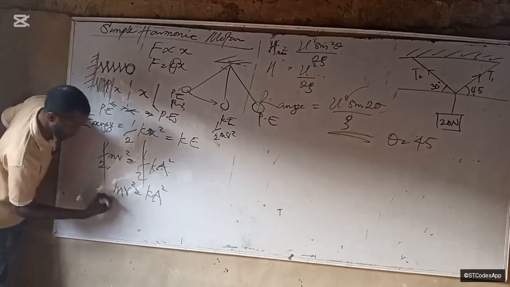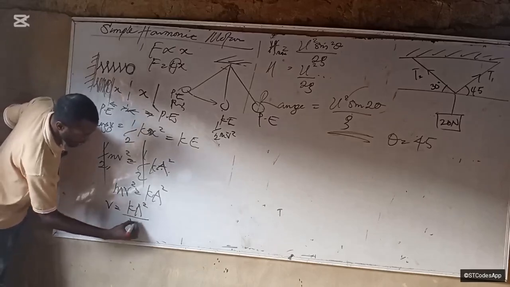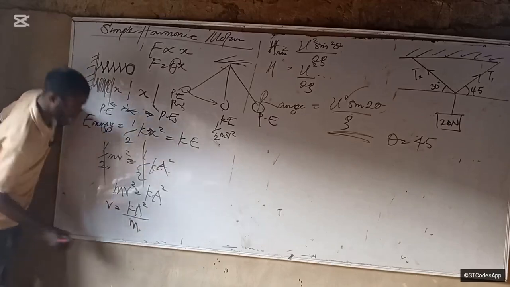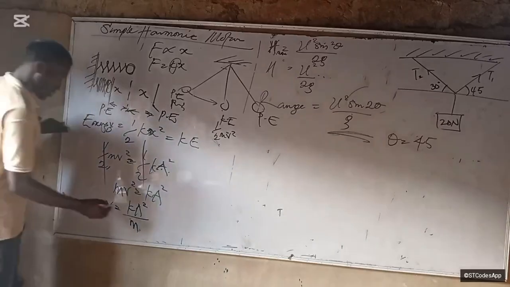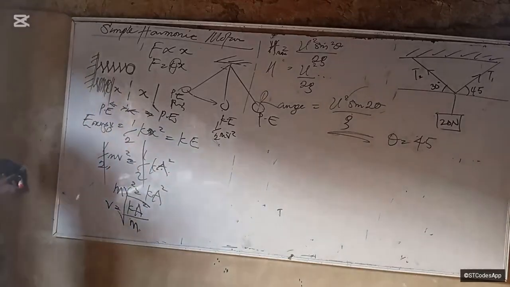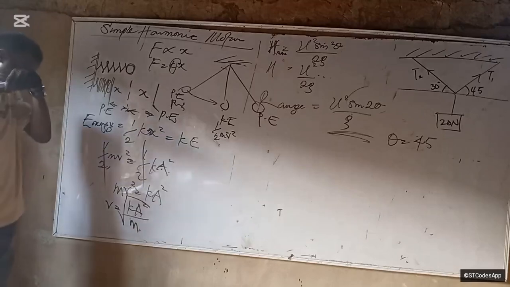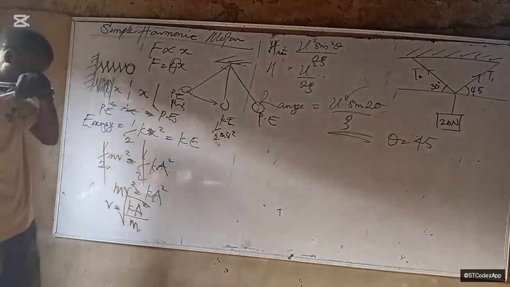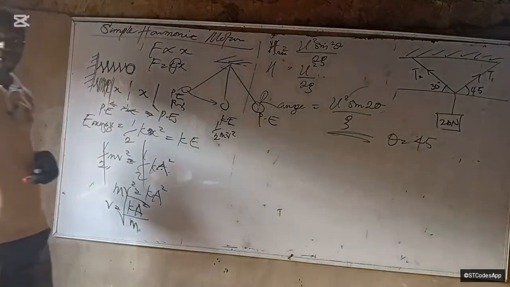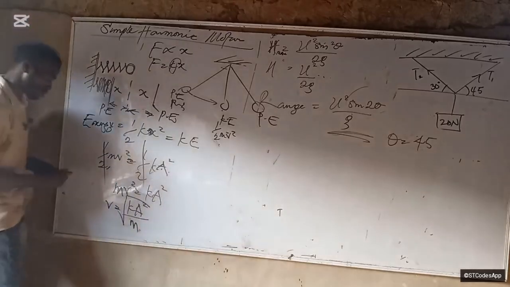So we can now say, let's look for velocity here. Velocity will be equal to what? ka squared over m, right? Okay, so the square root of everything here. Does that make sense? Okay. Another thing we can bring out from this place is that this square cancels the square root. That's good.